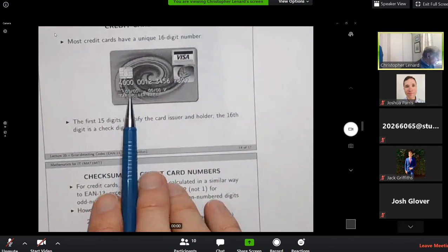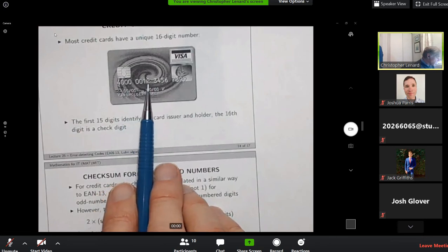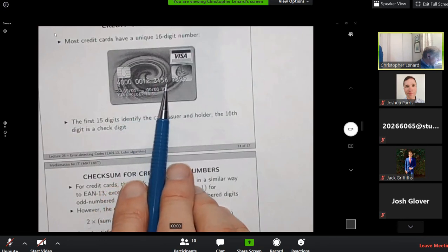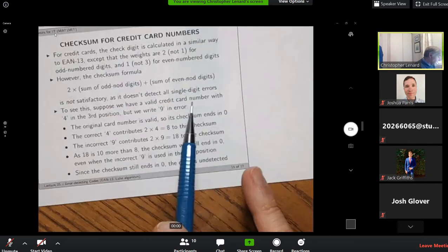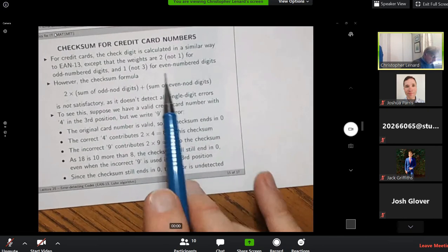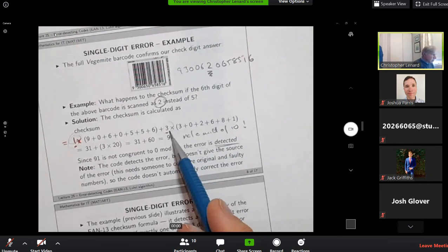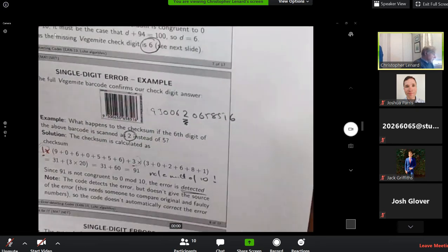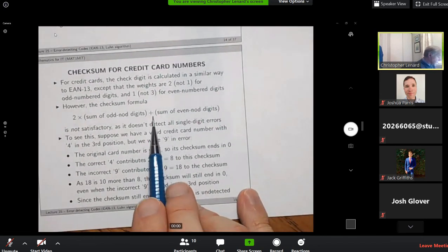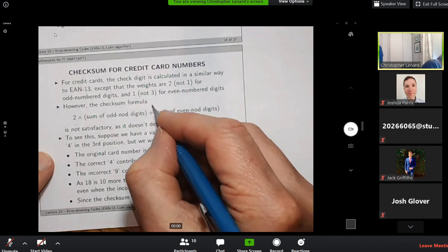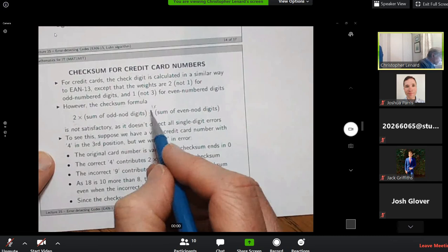Then we take the even position digits, 0, 0, 0, 2, 4, 6, 8, 9. We add them up, and instead of multiplying them by 3, like the EAN, we multiply them by 1. So there's really a 1 times in there. So weights of 2 and 1 instead of 1 and 3.